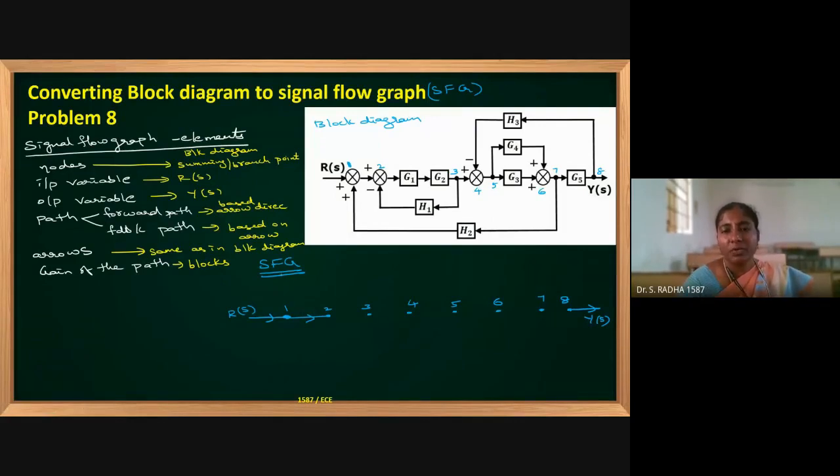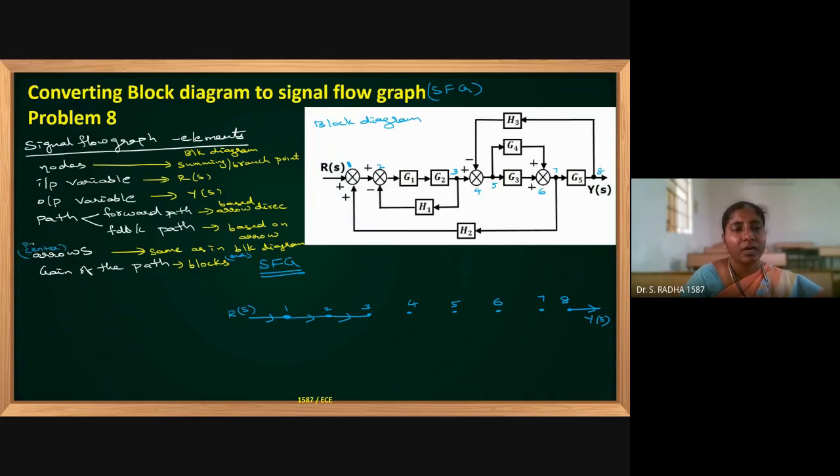Between 2 and 3, forward direction only. I am just drawing and giving the arrow in the center. In the block diagram, the arrow will be at the end of the line, but in the signal flow graph, arrows will be in the center of the path.